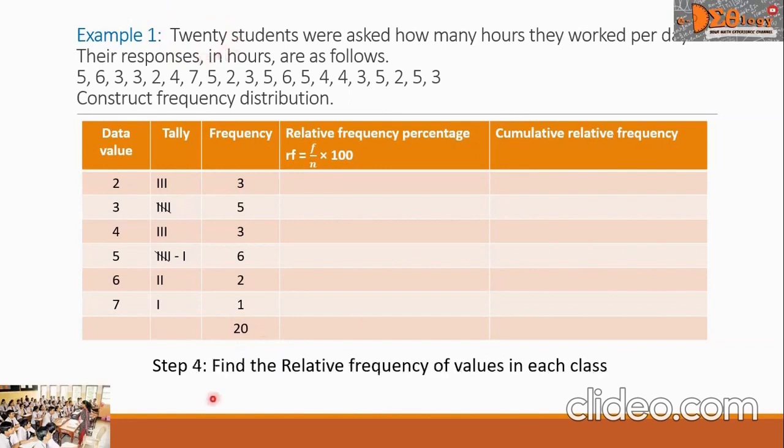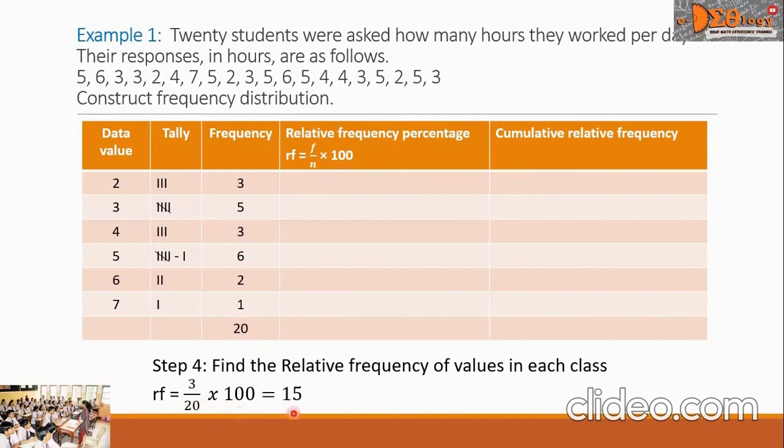Now, for step 4, find the relative frequency of values in each class. Let's begin with our first row. Using our formula, we have this frequency 3. We will write here over 20, that is the total frequency, times 100.